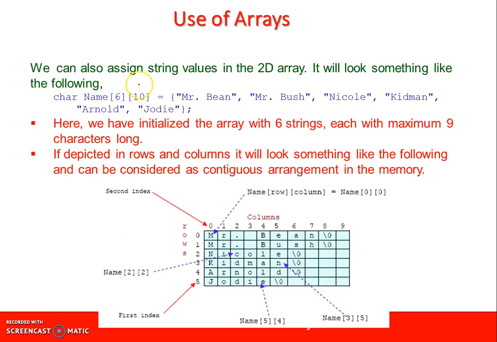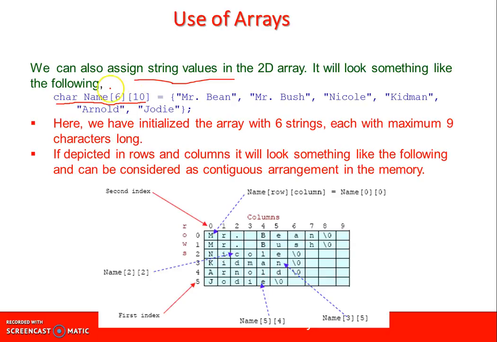Another use of this two-dimensional array is that we can also store strings or names within the two-dimensional array if we are declaring a character type array. It will look similar to the statement. Here we are declaring a character array with the name of the array as name, and it has 6 rows and 10 columns.